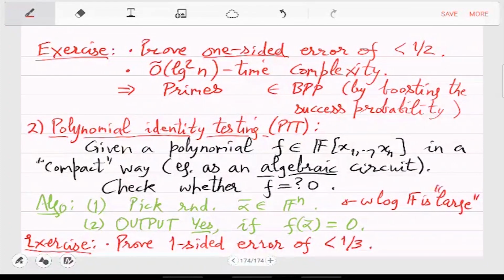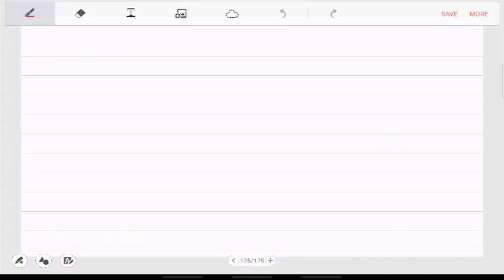Okay, so if the field is large, then with a small error probability, this algorithm will work, and it's also one-sided, because when f is 0, then it will always say yes. If f is not 0, then it may make an error, but the error is limited by 1/3 probability. And again, this means that PIT is in BPP. Show that. Okay, this again is by boosting the probability.